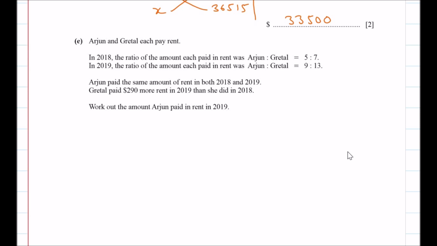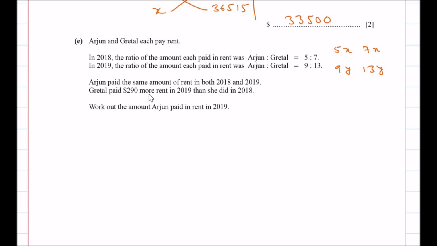So what you need to do in this question, we can write two equations in x and y and find the values of the variables. Let us see how to do that. If I am taking Arjun and Gretal, 5:7 can be written as 5x and 7x. 9:13, this is for 2019, so we can take another variable, 9y and 13y, right? These are the amounts.